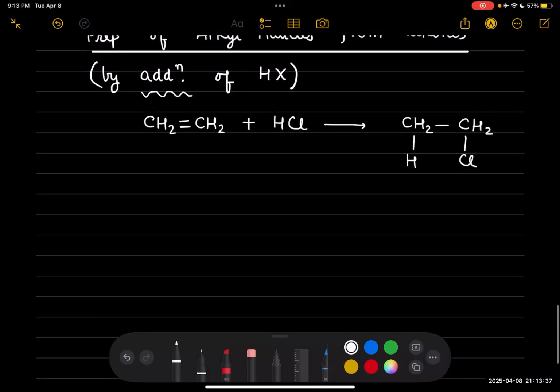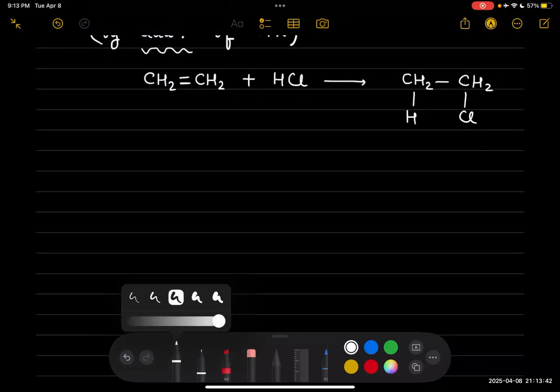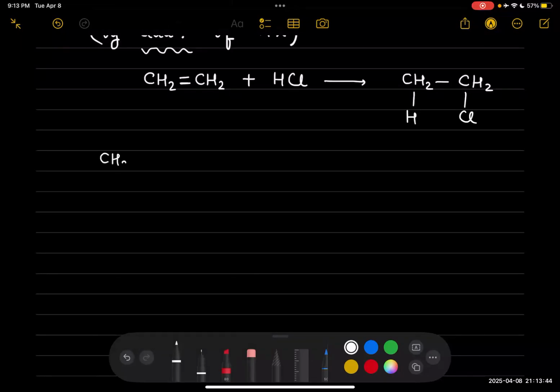Now the question arises when you are asked to add HX to an unsymmetrical alkene. This is an example of an unsymmetrical alkene. Got it?